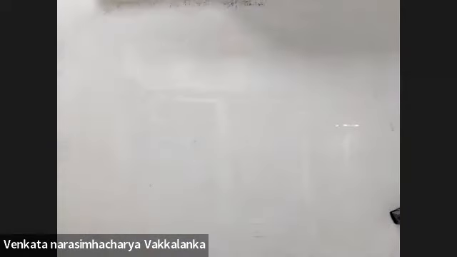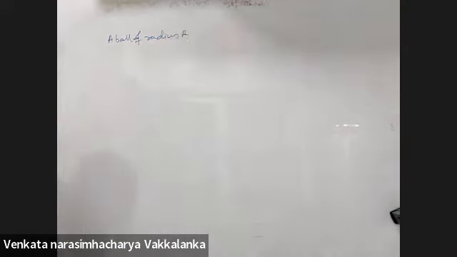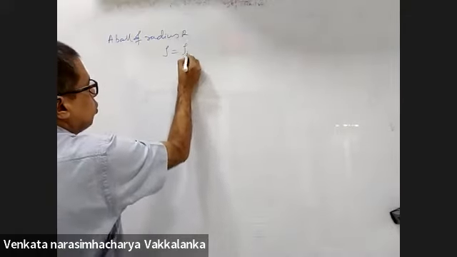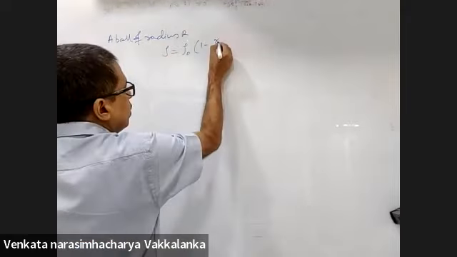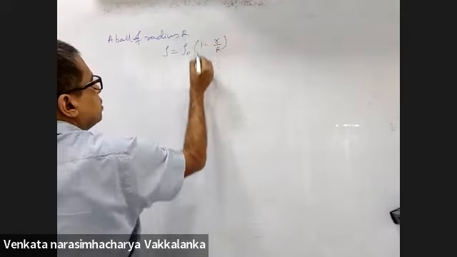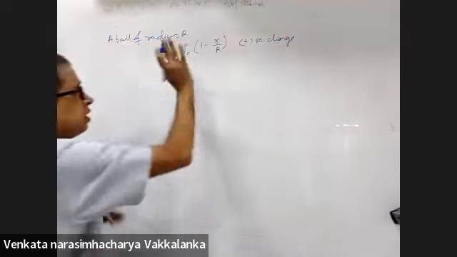Now, two typical structured problems. Firstly, this is an old JEE question. Both these questions are old JEE. First question asked is, a ball of radius R carries a positive charge whose volume density is rho equal to rho naught into 1 minus r by R. Positive charge, there is no negative charge, it's volume.